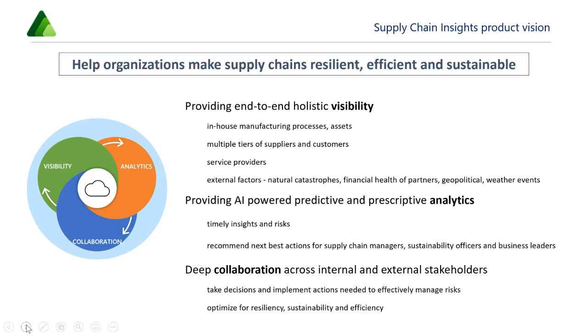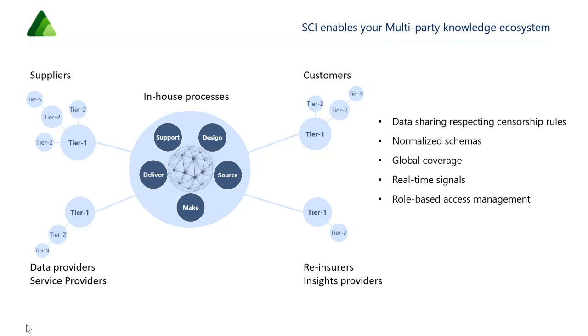Whether you collaborate with internal or external stakeholders, we can learn from the results of that collaboration and build further models, analytics, and insights that we can add to the visibility and analytics. So it's really like a flywheel, and that's the intent of what we're trying to do here with the product.